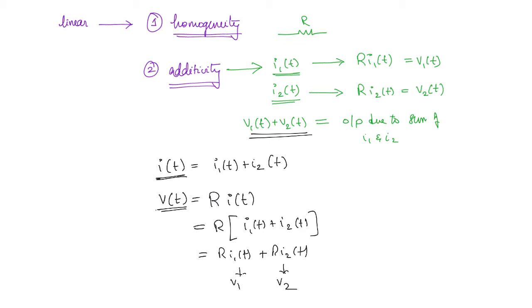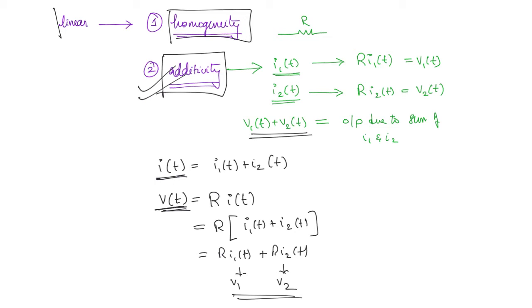So you can see that V of t is the sum of V1 plus V2, the individual outputs due to individual inputs. This is how we say that the additivity property is satisfied. So since a resistor satisfies both homogeneity as well as additivity, it is said to be a linear circuit element.